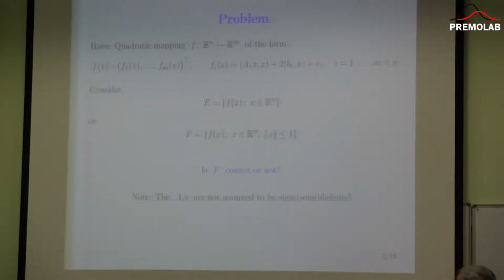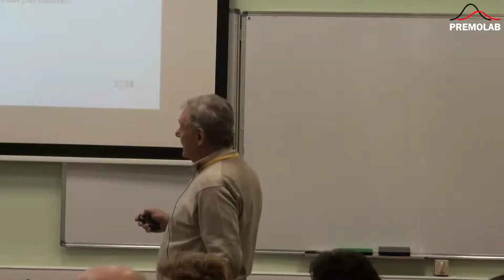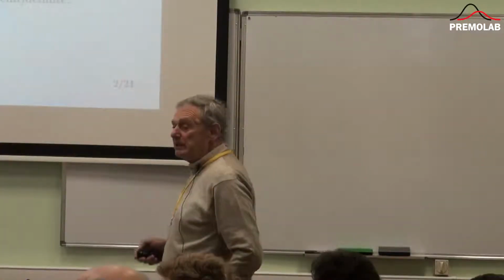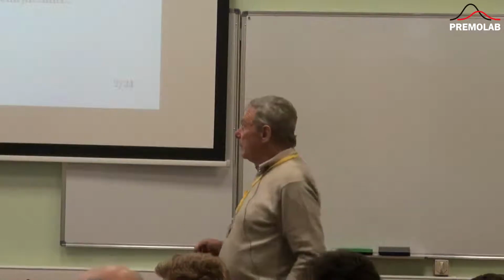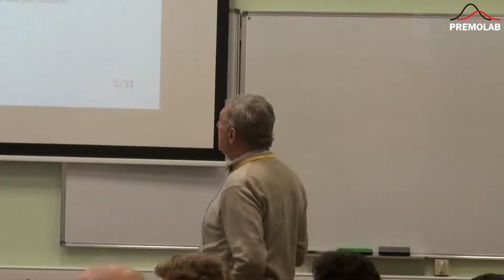So the question is: is this set convex or not? Well, it's not that obvious, of course, and I always have in mind that we never assume that these matrices are positive definite or semi-definite. No, they are not. Okay.